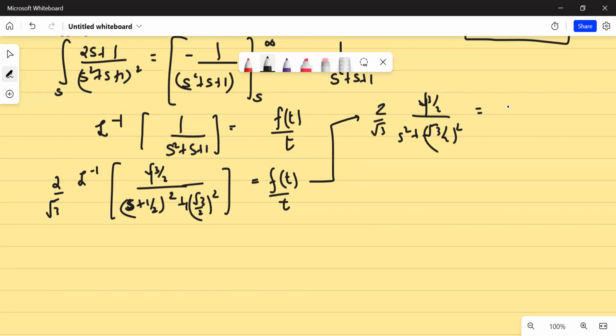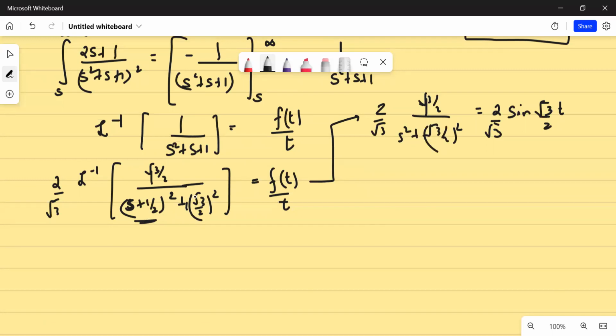So you would have simply written it as 2 by root 3 sine of root 3 by 2 t. But there is also s plus half given here, so you have to use your shifting theorem, because instead of s you are given s plus half. That implies that there has been a shift.